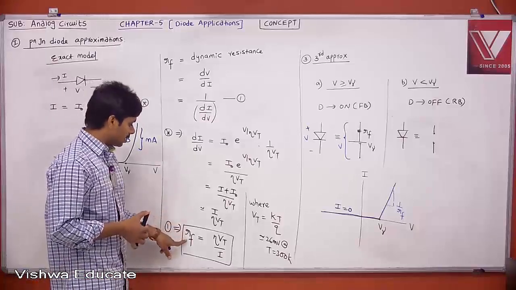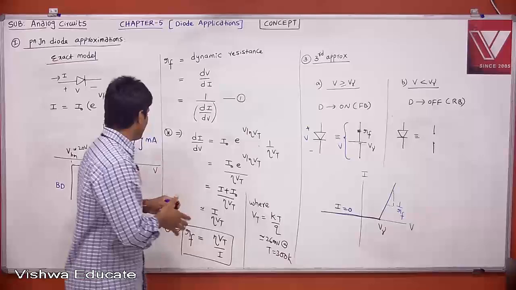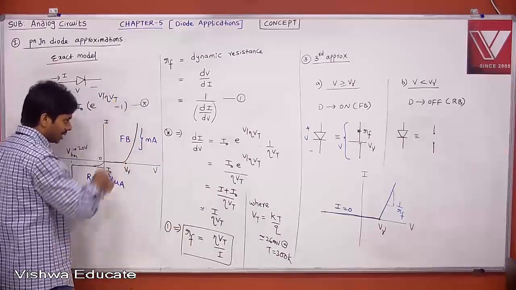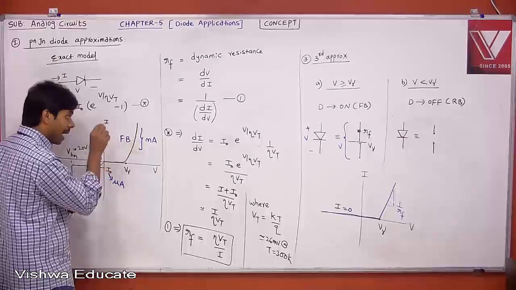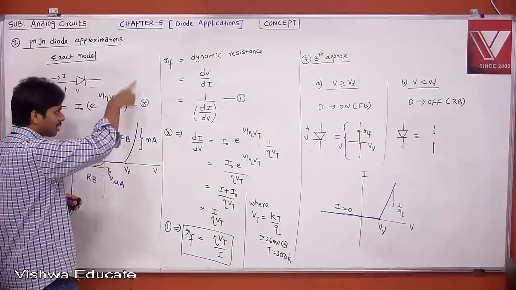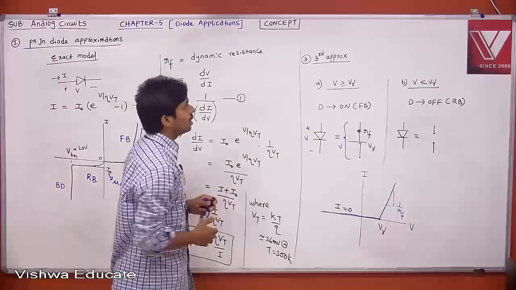Therefore, your dynamic resistance depends on your DC current, which is your bias current. Wherever you are operating your PN junction diode, if you take the tangent, it is the slope of that curve at that particular point. If you change the operating point, then the tangent slope will be different.